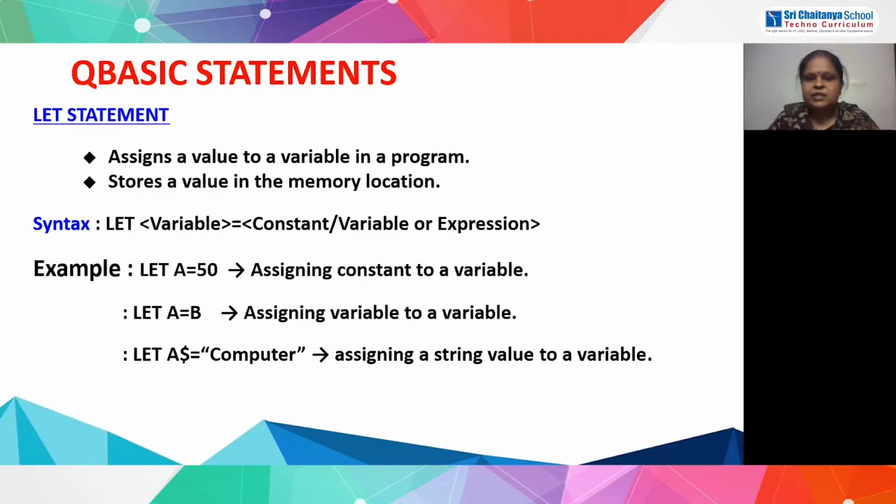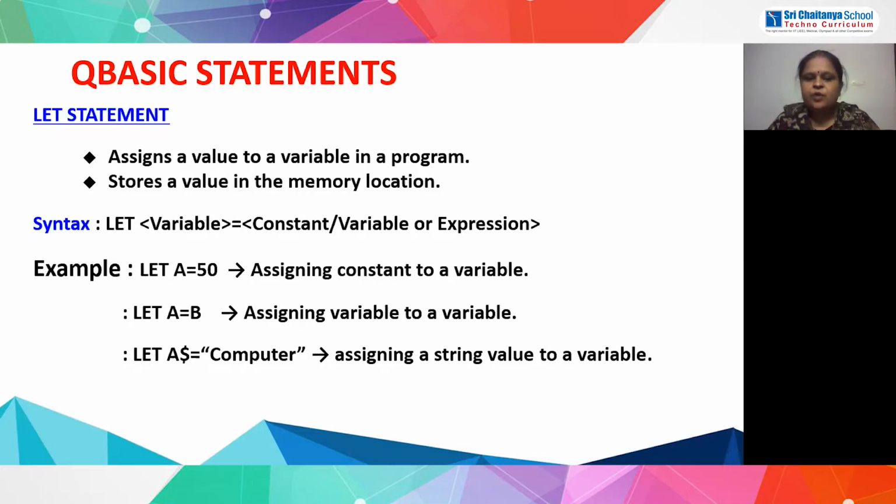LET A = 50. Here I'm assigning a constant value to the variable. Now see the second example. LET A = B. Whatever the value of B is, the same value I'm assigning to the variable A. And in the third example, you can see LET A$ = "computer".